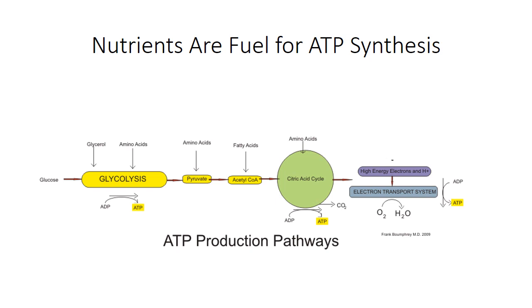And the thing is that without oxygen, you see oxygen on the right in the slide, it turns into water. That's the metabolic water. It is absolutely needed for the functioning of the electron transport system. If it doesn't function, then the citric acid cycle stops, and then ATP is not synthesized.